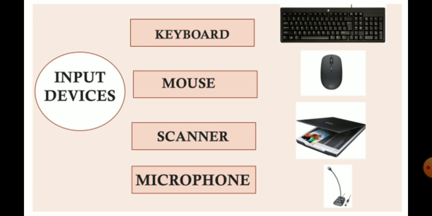Suppose I'm saying this, it is getting recorded. So similarly, when you speak on the mic, the voice gets recorded and we can hear it. So it is also one of the input devices. So these were the four input devices: the keyboard, mouse, scanner, and microphone.